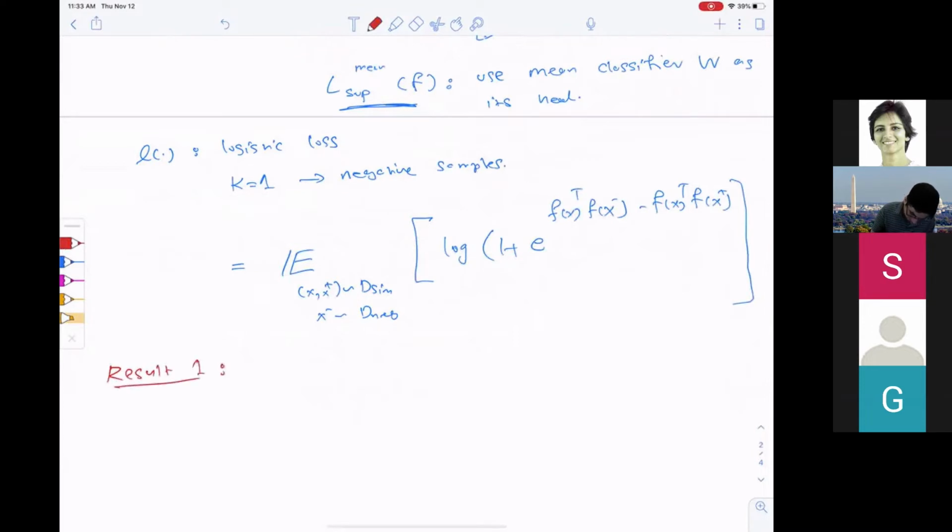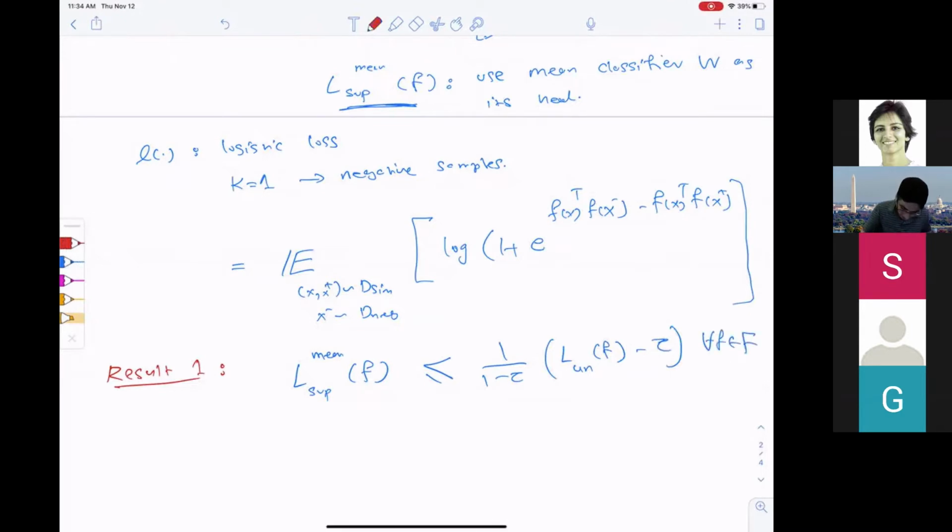So using these notations, they have a couple of results. The first result says that if I look at the supervised loss of F, but not the optimal supervised loss, just using the mean W as my linear classifier on top of the embeddings, that can be bounded by some constant factor of the unsupervised loss for every F in my class.